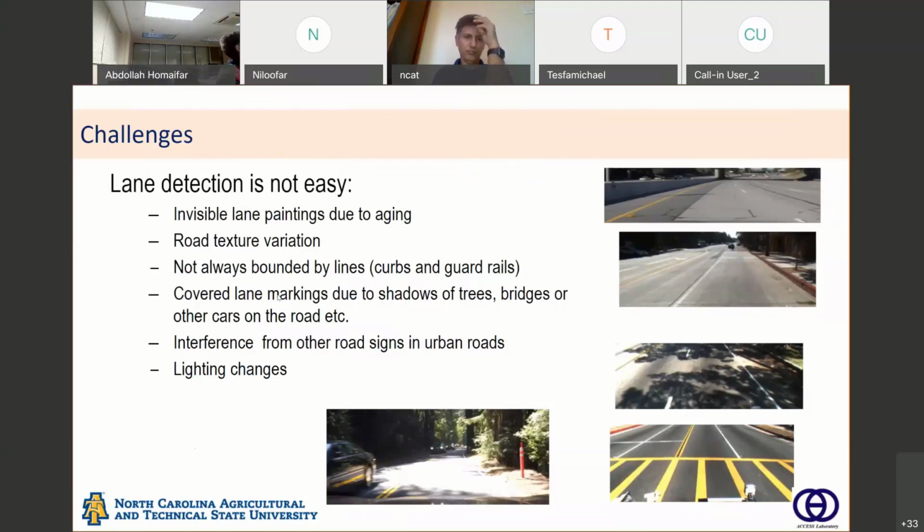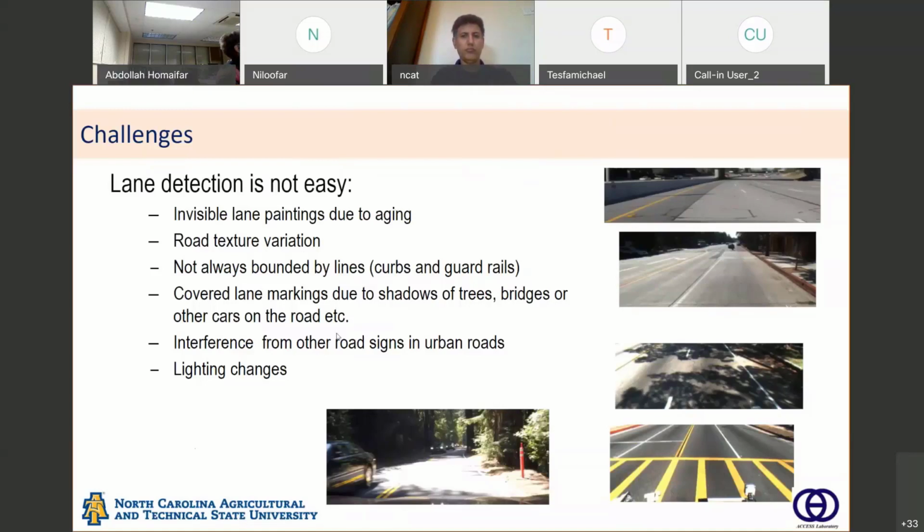In addition to that, lane boundaries are not always limited to these white or yellow paintings on the road. Sometimes the curbs are also delimiters for a lane. So detecting a curb might also be very useful in order to successfully detect a lane.